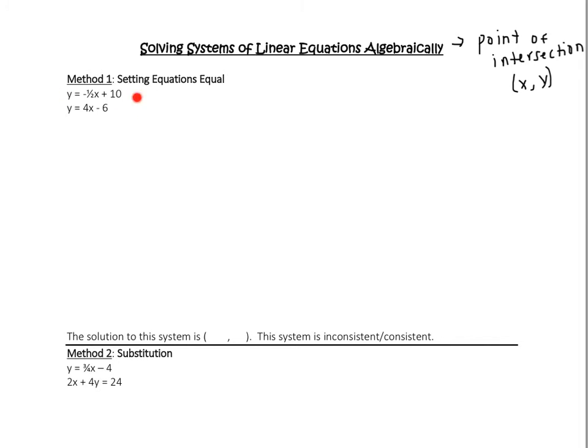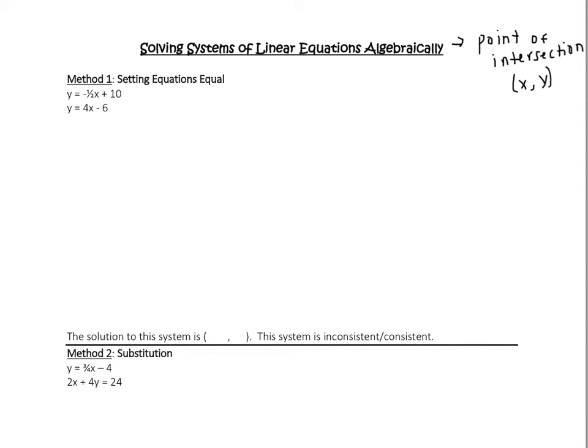So in this example, we have both equations. We've got y equals negative 1/2 x plus 10 and y equals 4x minus 6. If both equations, which are lines by the way, in mx plus b form, are set equal to y, if y equals this stuff and y also equals this stuff, these two things have to be equal.